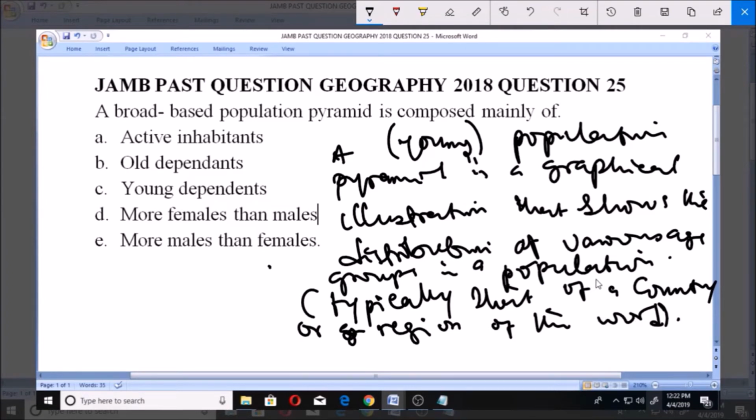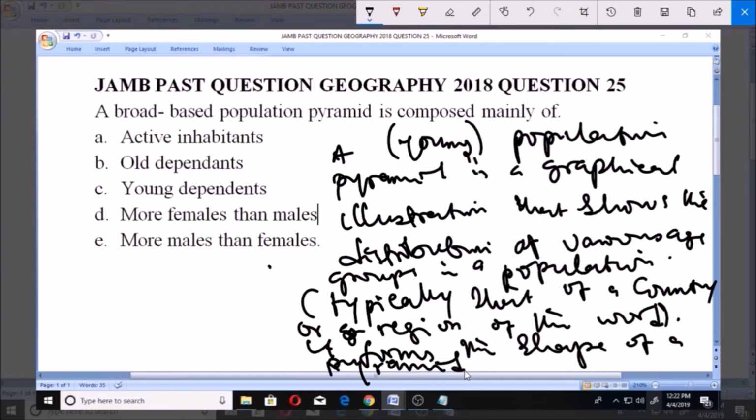This graphical illustration forms the shape of a pyramid when the population is growing. A broad or expansive pyramid is one that is very wide at the younger ages.